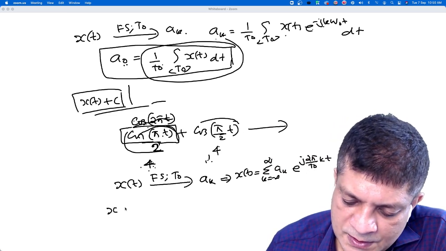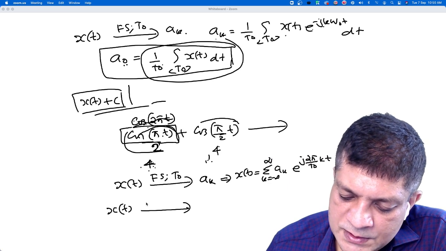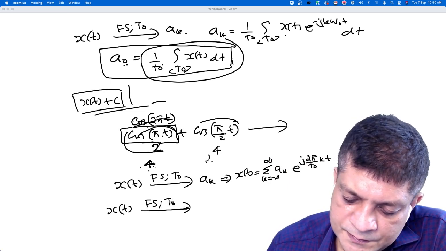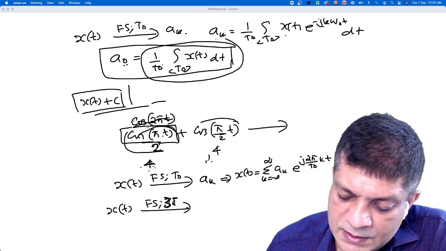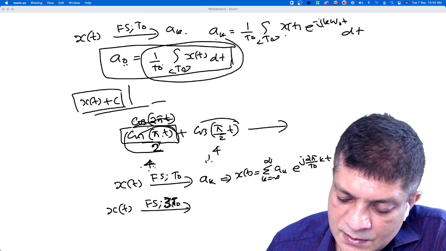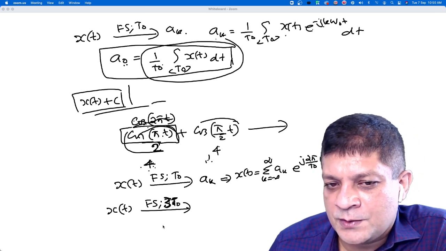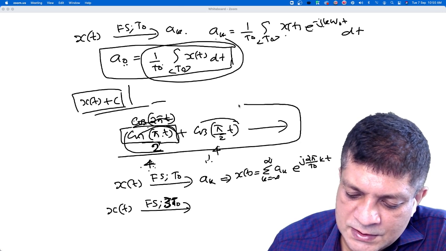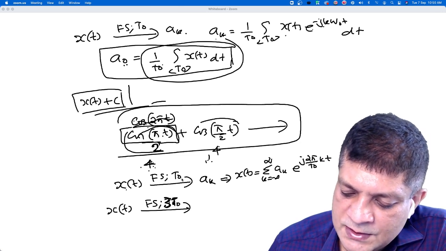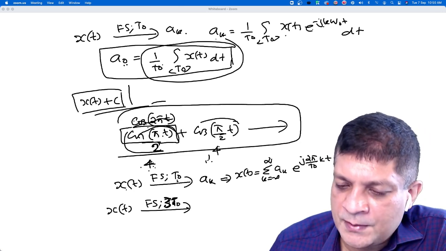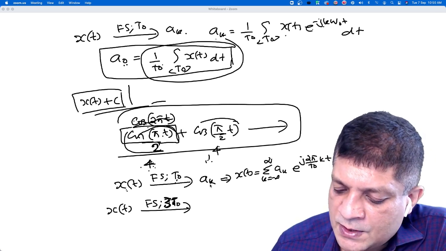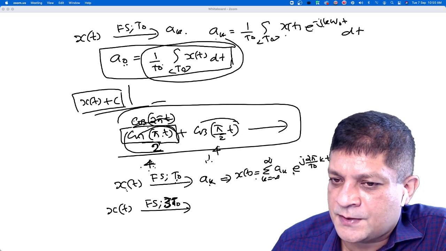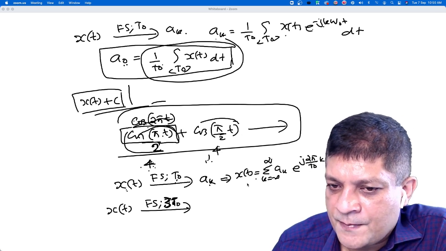Now the same signal is also periodic with, let's say, 3 T naught. Forget about the earlier example; I am considering a signal x(t) with fundamental period T naught, and the Fourier series with respect to that fundamental period is this expression.